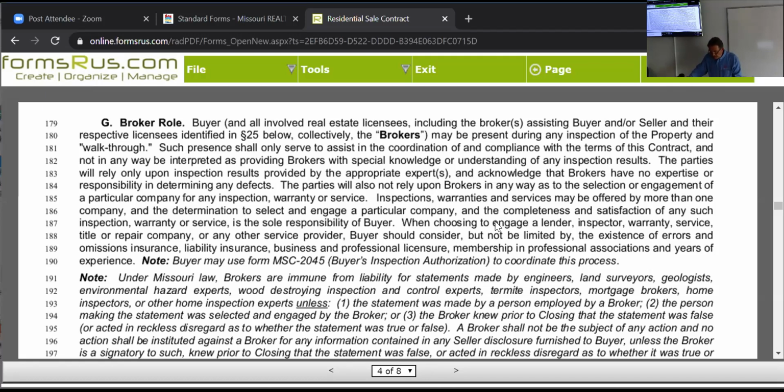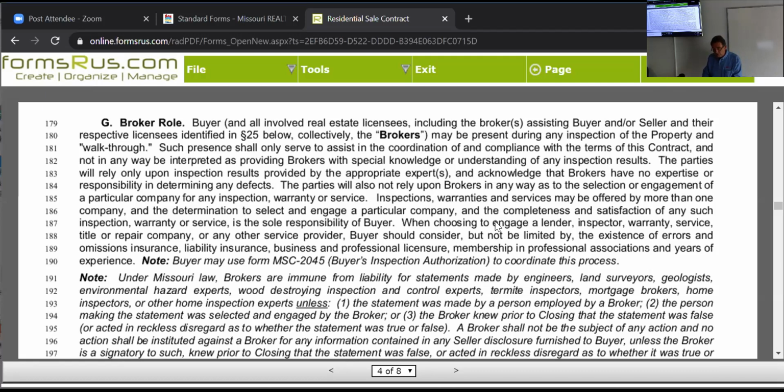And then look at 191. Generally, all of this on broker, on G, all the way through line 198, they're just saying we're immune from liability as long as we don't hire the individuals ourselves. Now, calling an inspector to set an appointment for an inspection is not hiring them. That's a totally different deal.